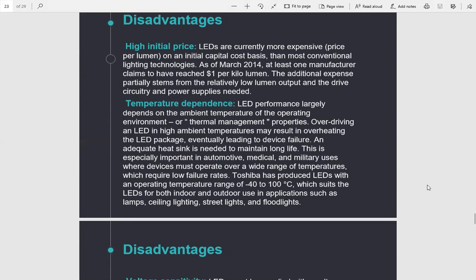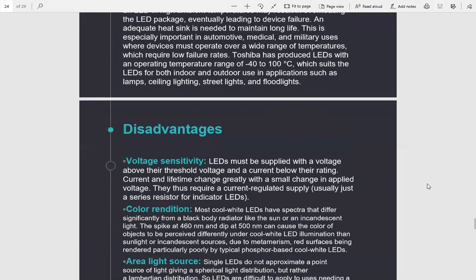This is especially important in automotive, medical, and military uses where devices must operate over a wide range of temperatures, which require low failure rates. Toshiba has produced LEDs with an operating temperature range of -40 to 100 degrees centigrade, which suits the LEDs for both indoor and outdoor use in applications such as lamps, ceiling lighting, street lights, and floodlights.